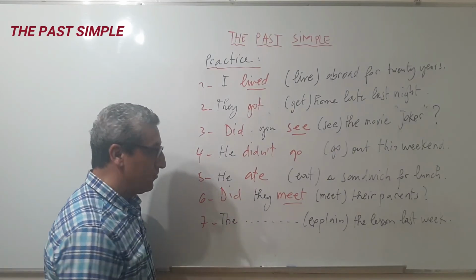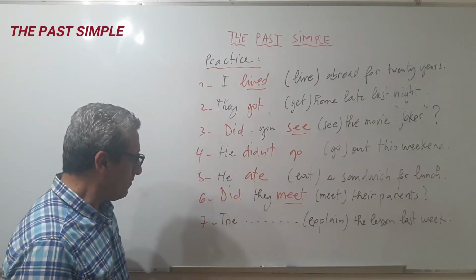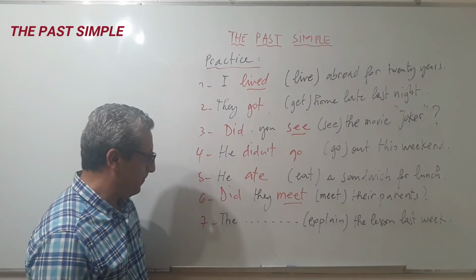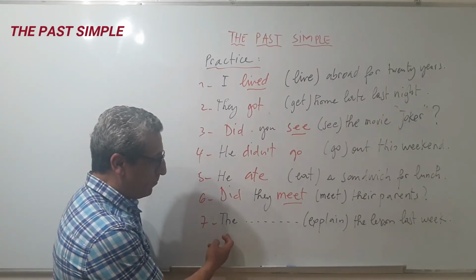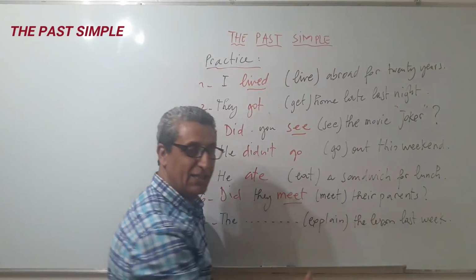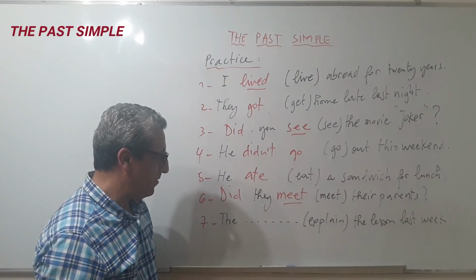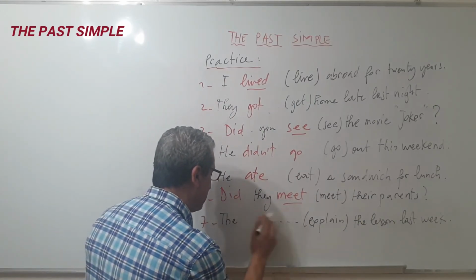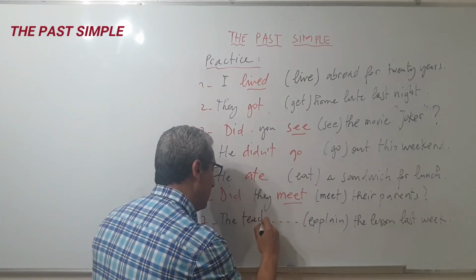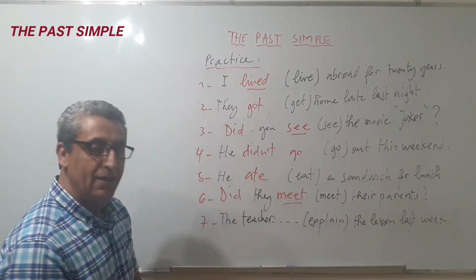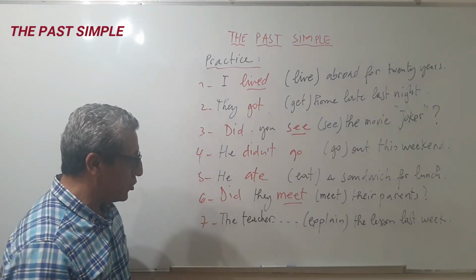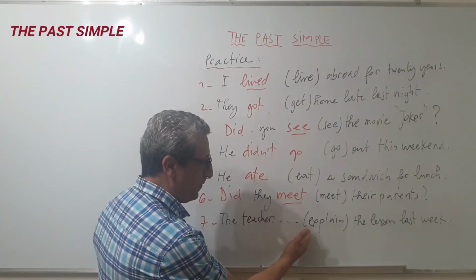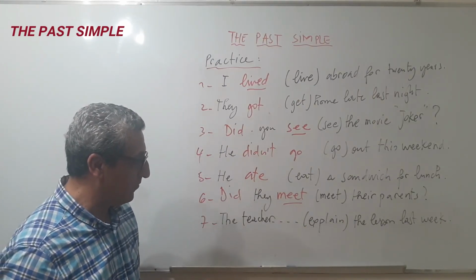Okay, good. The last sentence, number 7, is the explained lesson last week. So here, sorry, it's the teacher. The teacher, the verb explain. It is an affirmative form.